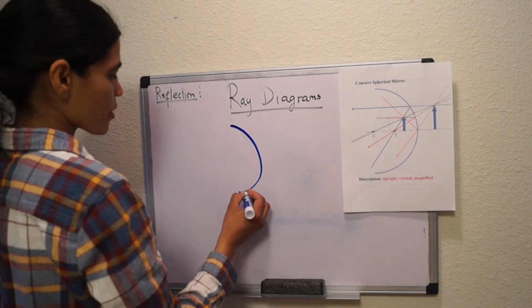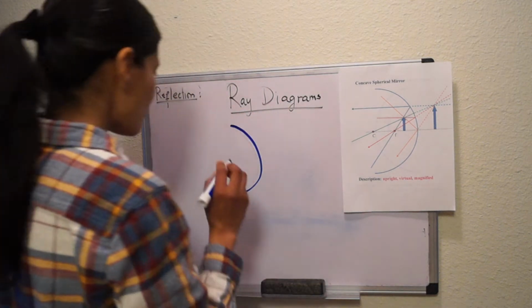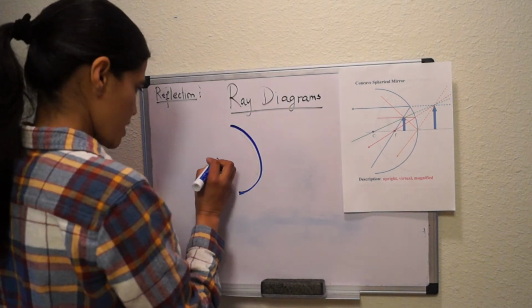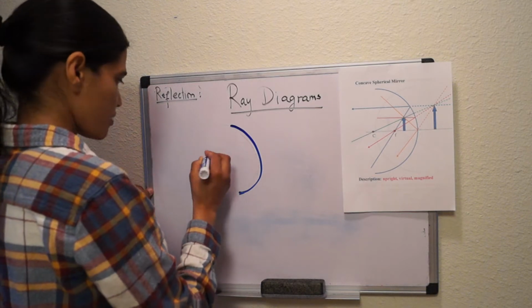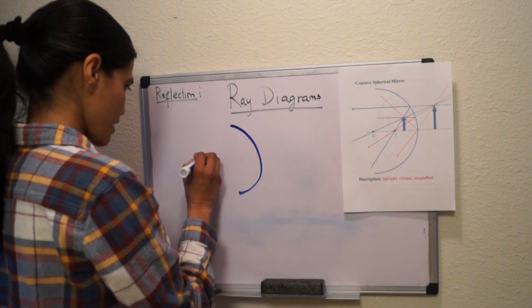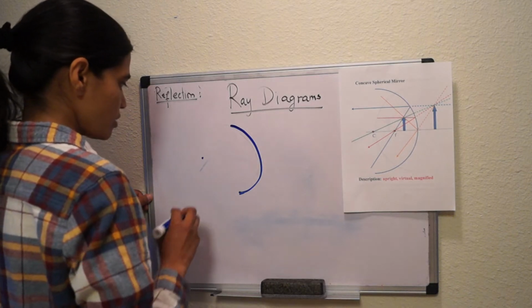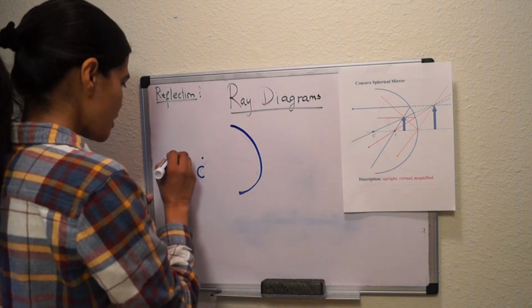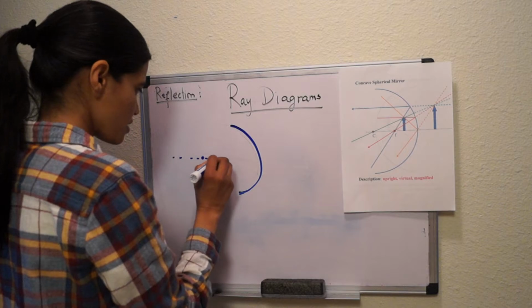So this is our concave spherical mirror, same mirror, okay? Now the first thing you want to do is make a center of this mirror somewhere, maybe far away so we can see the diagram more clearly. Let's call this our center, and the optical axis should pass through that center, right?